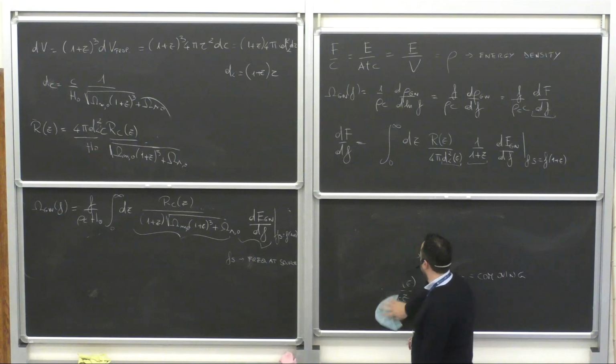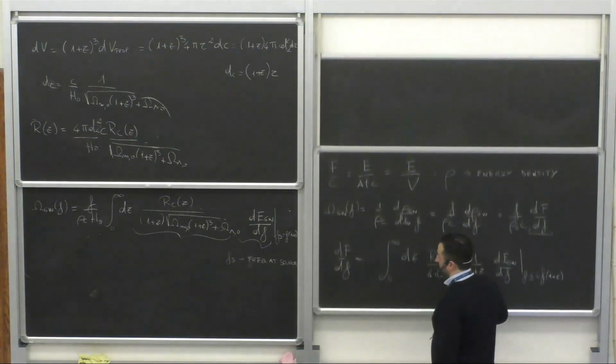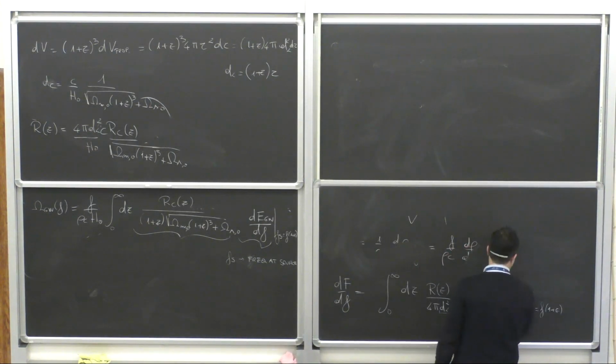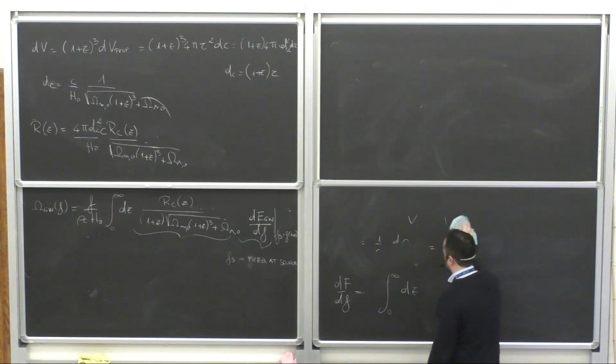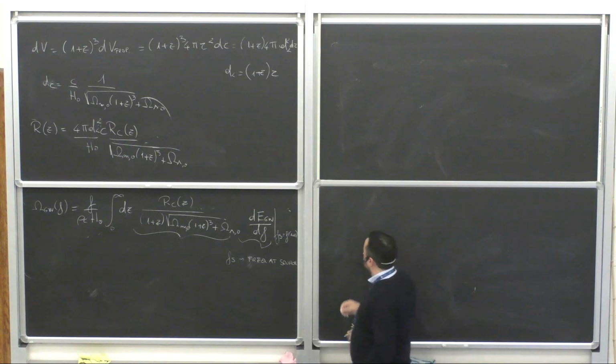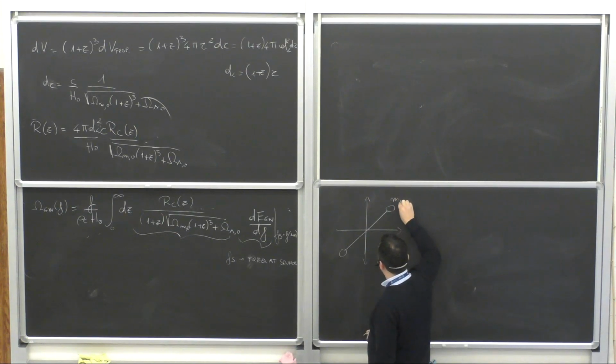Okay, yes. So let's consider the following situation. Let's assume that you have a two-body problem. Okay, so you have two black holes separated by some distance r. Okay, this is m1, this is m2.